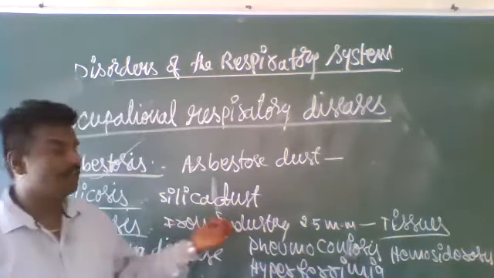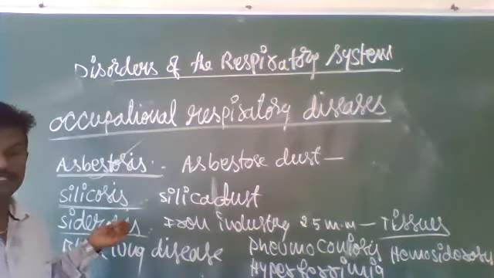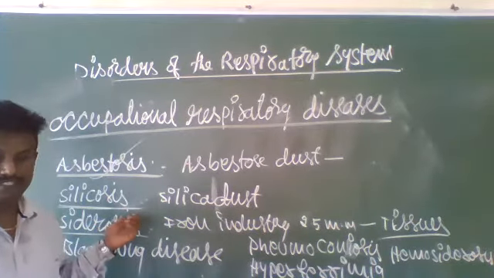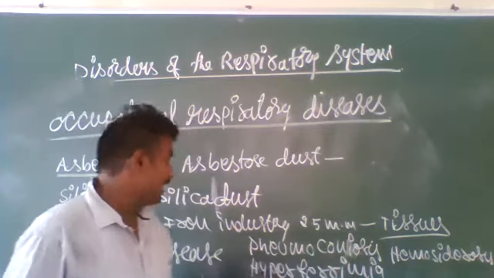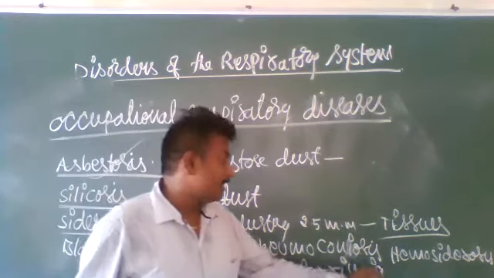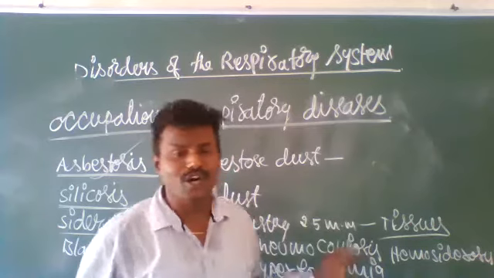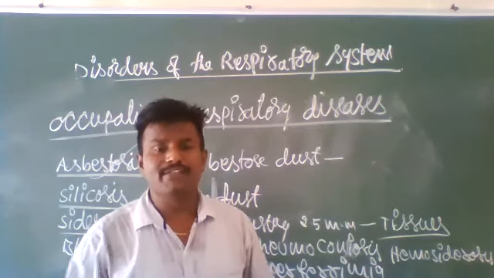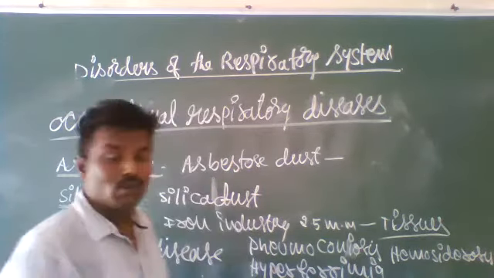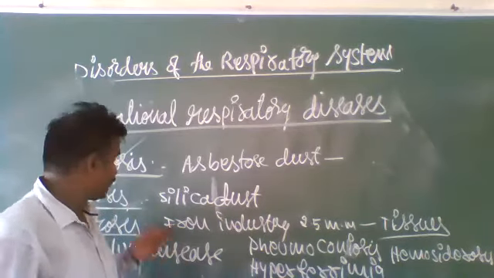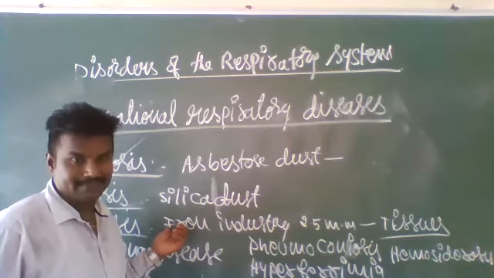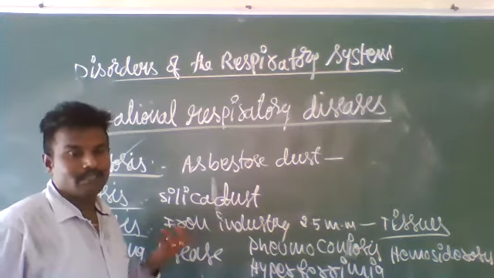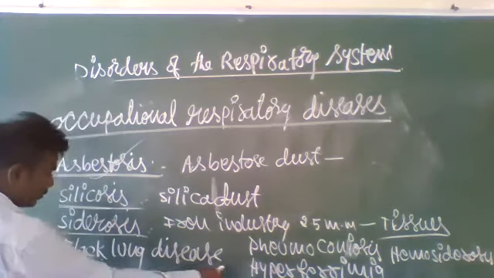Due to inhalation of iron particles, different kinds of siderosis commonly occur. One kind is pneumoconiosis, another type is hyperkalemia, another one is hemosiderosis. These are all infections, different types of siderosis in people who are exposed to iron dust particles. Due to them, they will face some kinds of respiratory disorders.